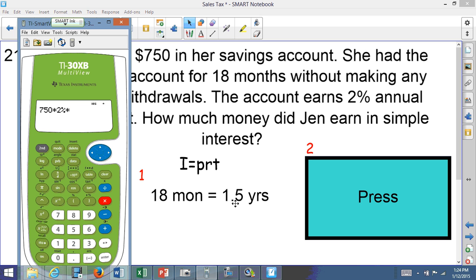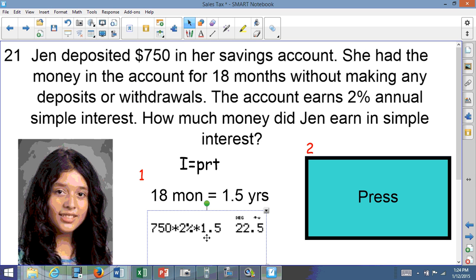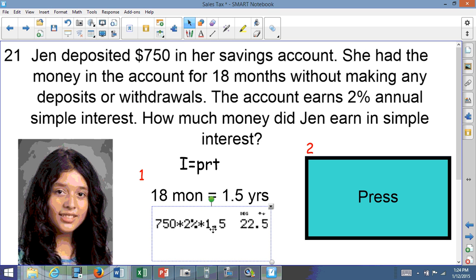So that's 1.5 years. And when I multiply that, I get 2250. That is the amount of interest that Jen will earn for the 18 months of leaving her money in the bank.